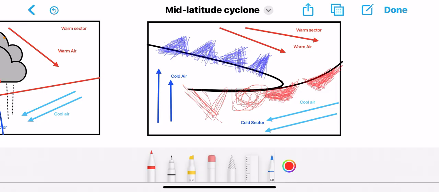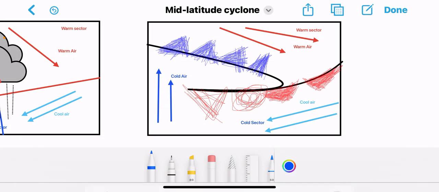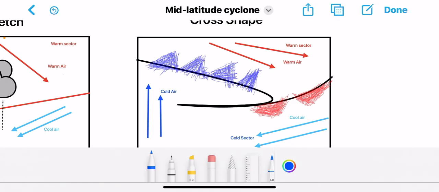Remember, the cross shape represents the synoptic weather map chart, which will be representing a mid-latitude cyclone in cold front occlusion.